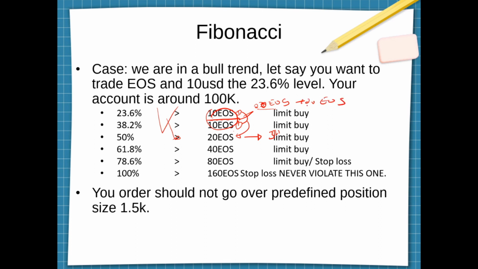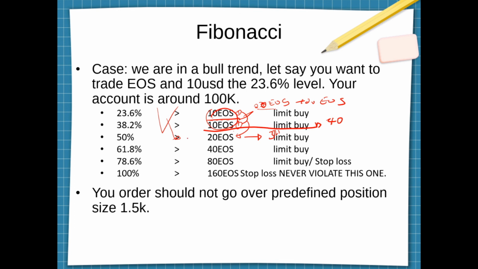If you don't do the math properly, you will always fail trading Fibonacci. And most people don't get that. They just go ahead and place a couple of orders and think that's it. That's not how it works, guys. So when your third order gets triggered, you have 40 EOS, and your average price will drop somewhere here.